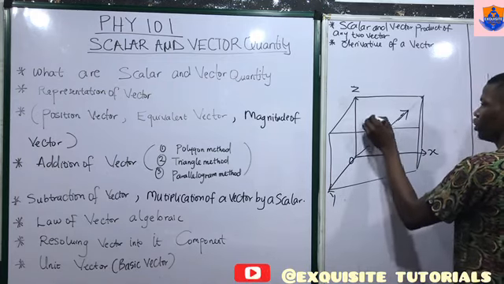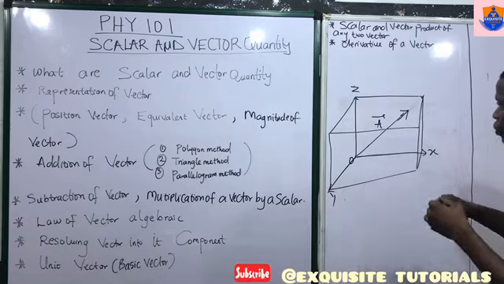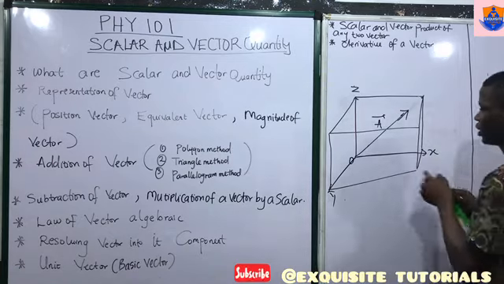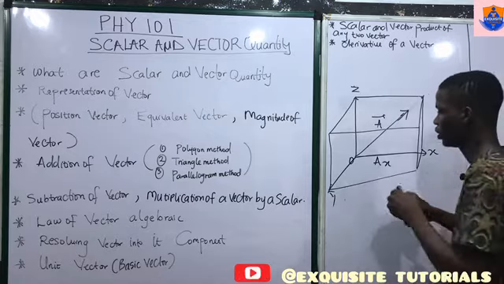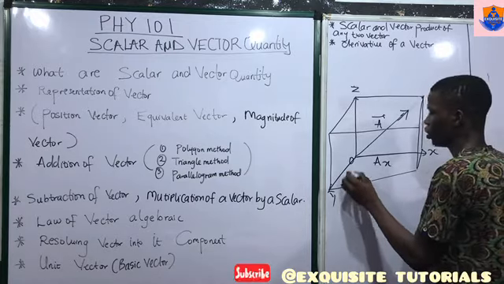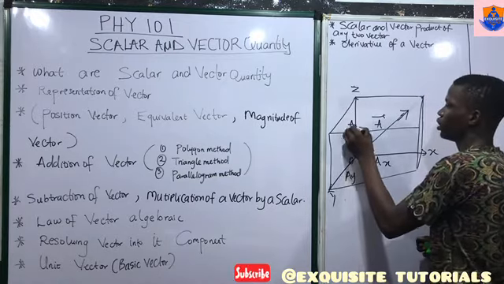So this is the vector A first of all. Its direction with the x-axis is this part, A of x. The direction with the y-axis, A of y. And this is the direction with the z-axis, A of z.